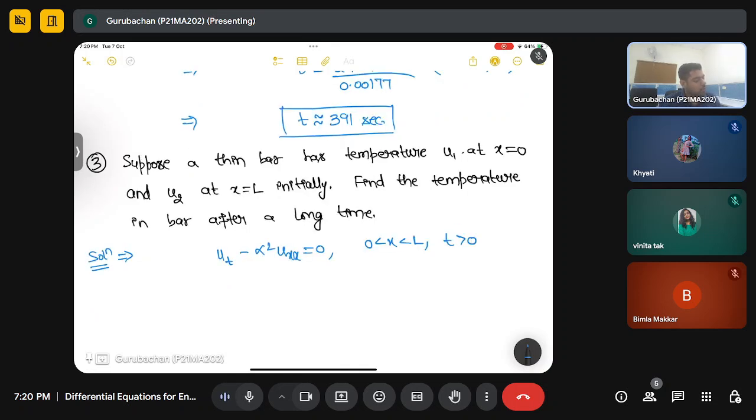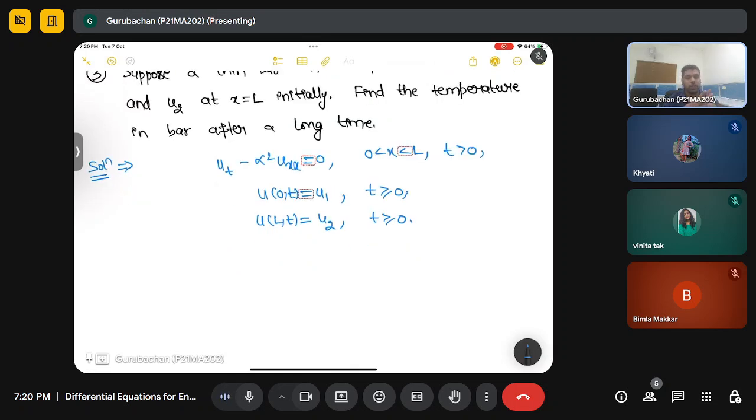We also have u(0,t) equal to u1, where t can be any positive real number, and u(L,t) is given as u2 for t greater than or equal to 0. We have not given the initial condition here, so this is a kind of boundary value problem.